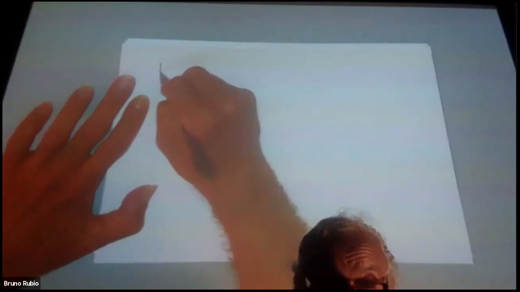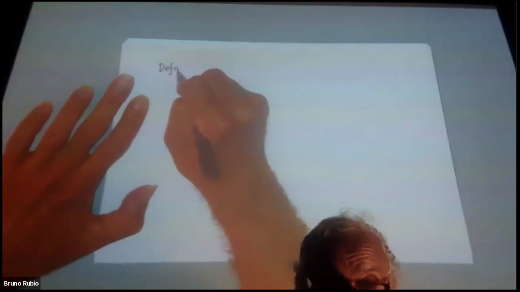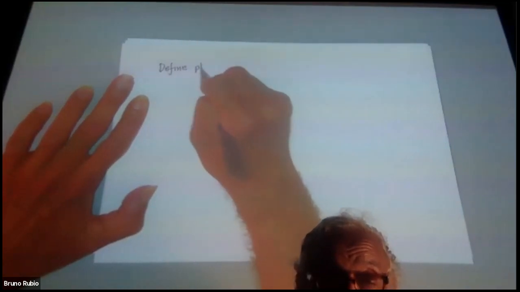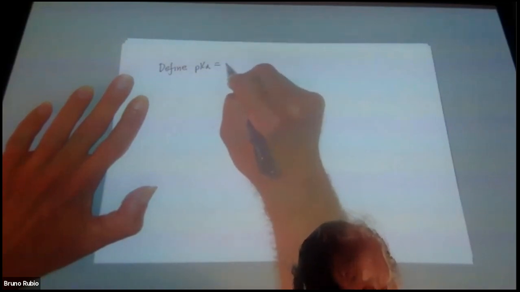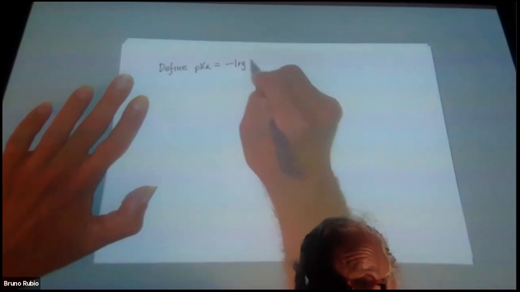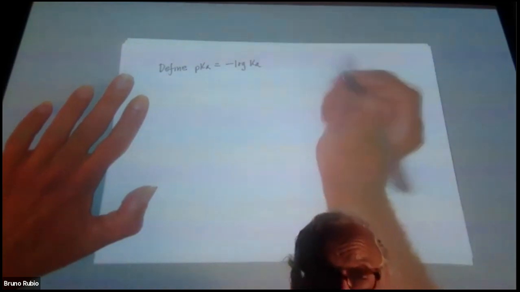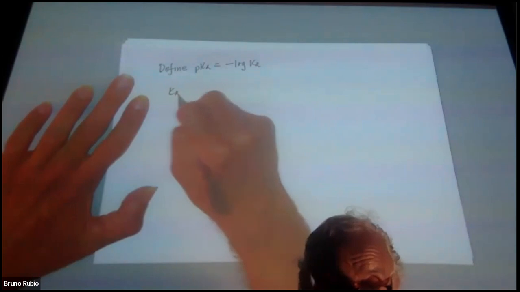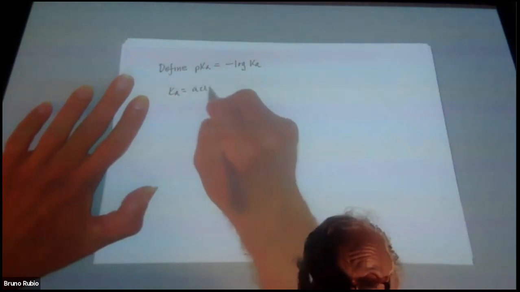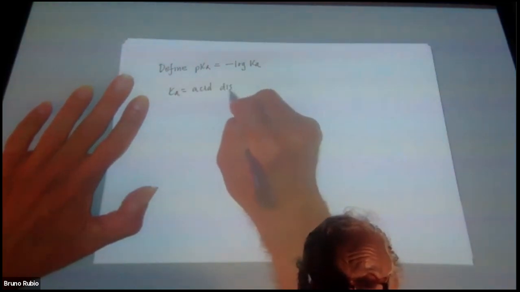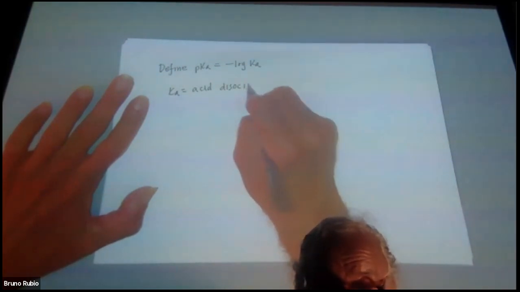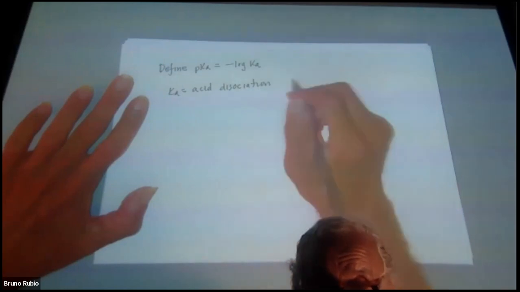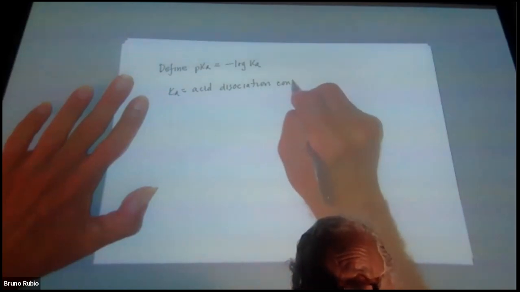And so we define the pKa, which is equal to the negative log of the Ka. Ka is the acid dissociation constant.